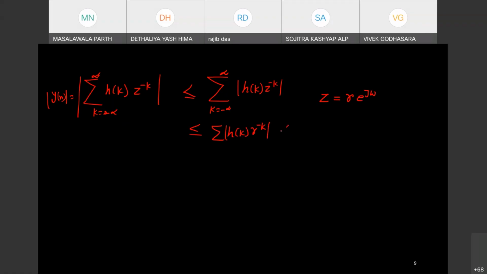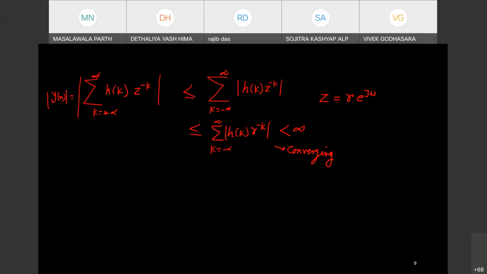If this is less than infinity, then only will I say that it is converging. We can choose r in such a way that this sequence will converge. That is possible.